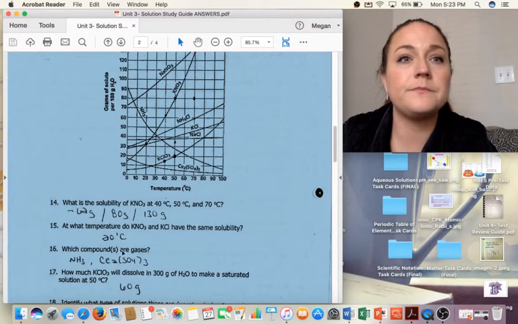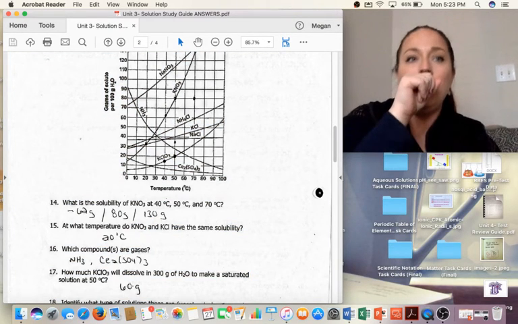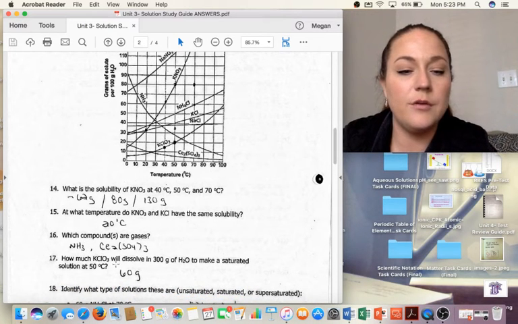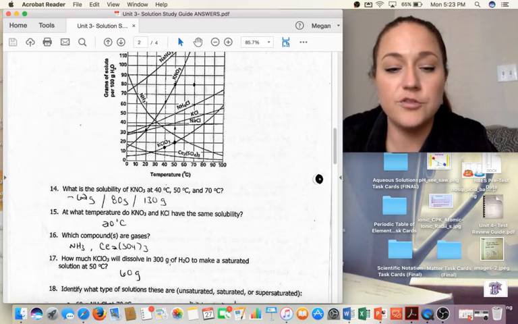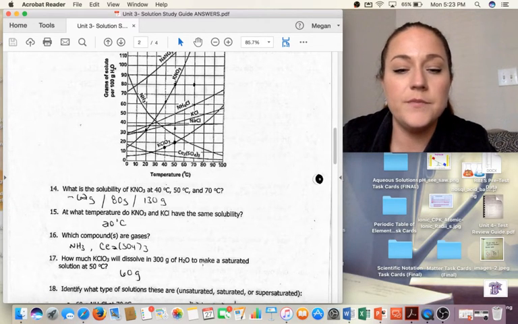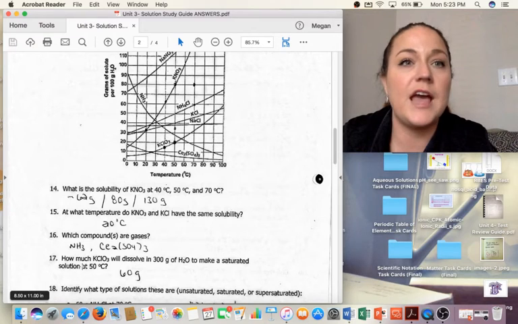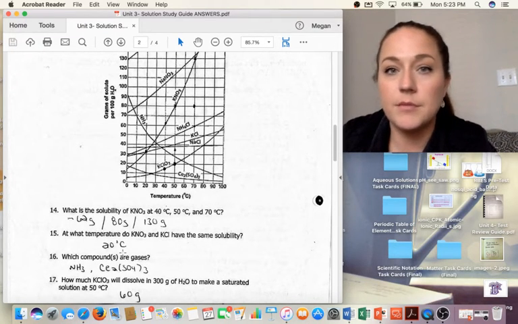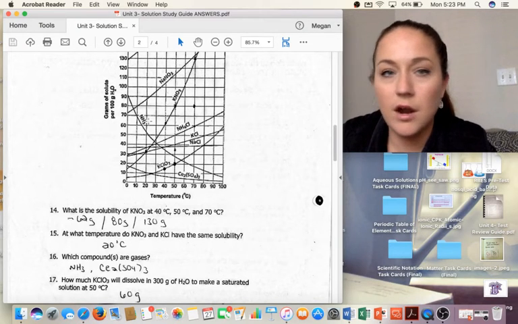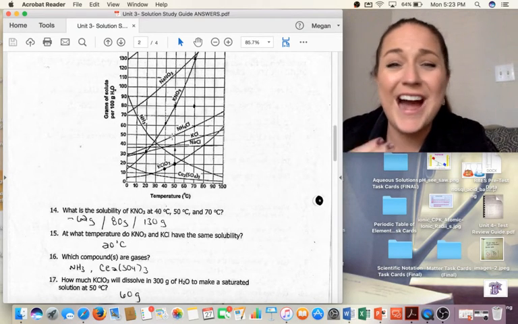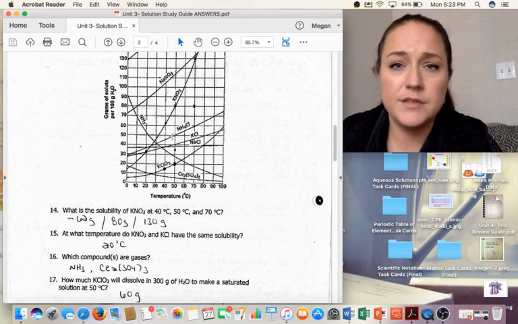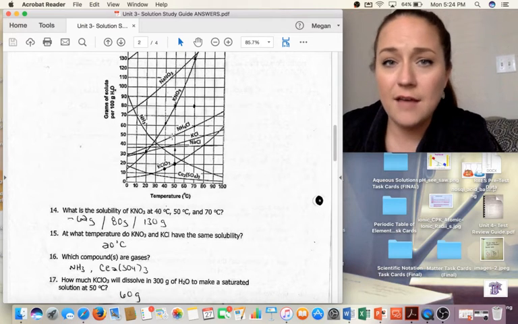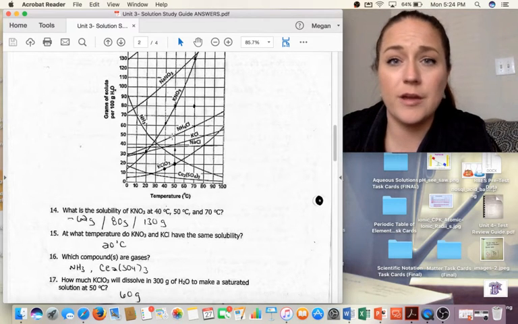All right. Now, how much KClO3 will dissolve in 300 grams of H2O saturated solution at 50 degrees Celsius? So please remember that this chart is talking about 100 grams of the solvent, H2O. But now, I don't have 100 grams, I have 300 grams of my solvent.